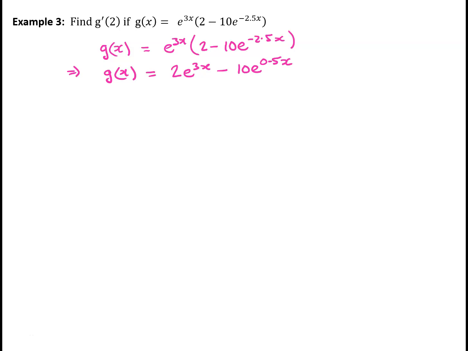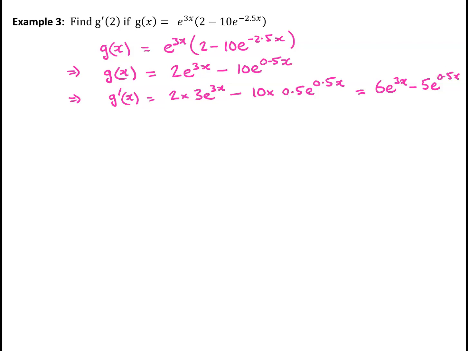In which case we can say that the gradient rule g dash x is going to be 2 times 3e to the 3x minus 10 times 0.5 e to the 0.5x, which simplifies to 6e to the 3x minus 5e to the 0.5x.